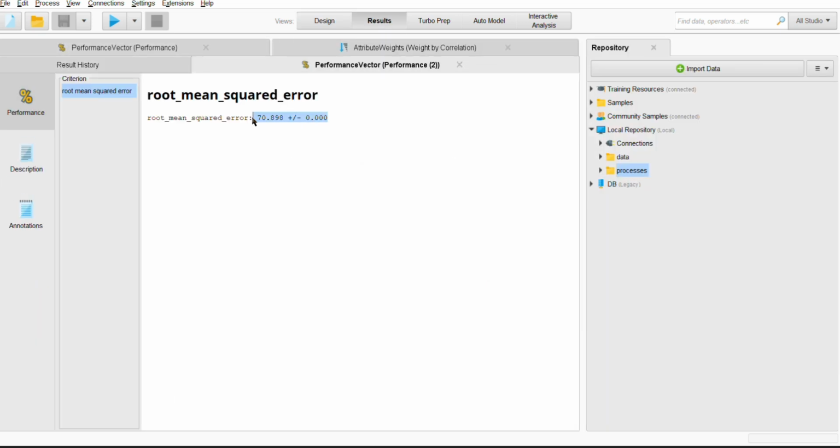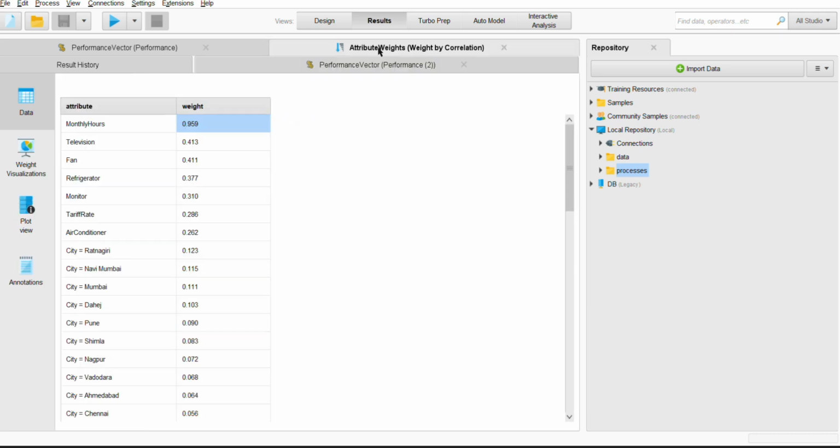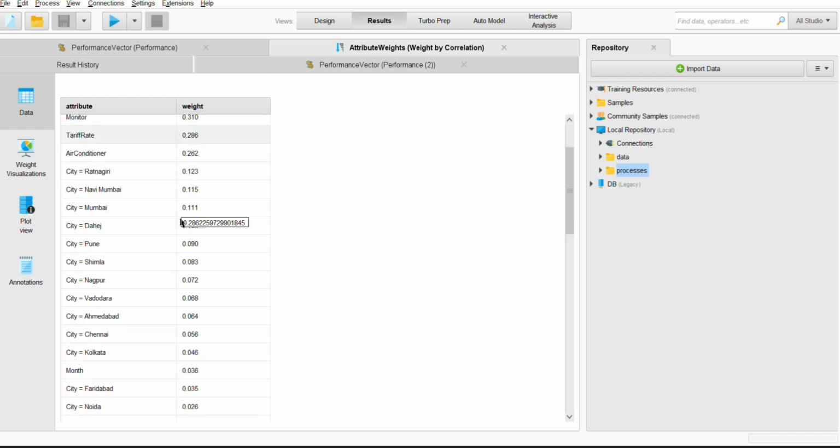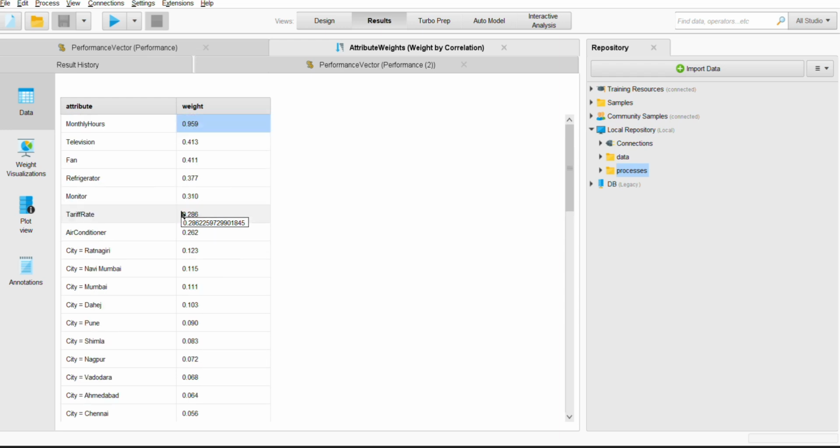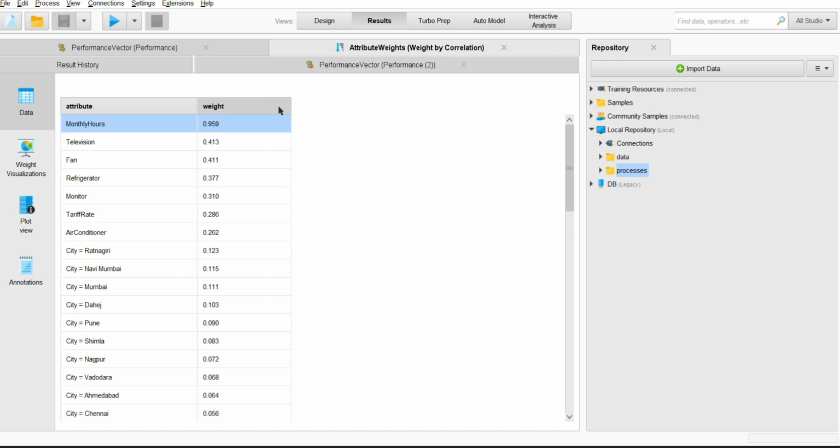Here we can see we have a very low root mean square error, 70 or 71, which is very low and gives us a high value model. In the weights, we can see that monthly hours weight is high, so monthly hours carries more weight for predicting the models.